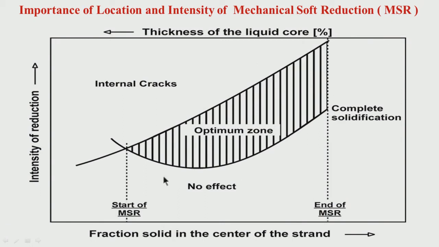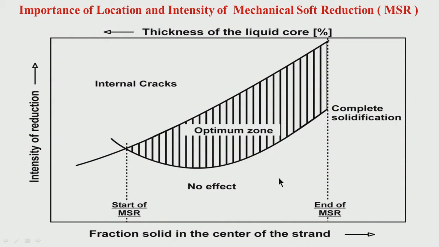If you put relatively less amount of pressure, it may be inadequate to compensate the formation of shrinkage, central shrinkage. So you have to have an adequate amount of reduction, but if it is more than adequate, it will create more harm than good, it will generate internal cracks. That is why for any factor there is an optimum range, nothing can go beyond that.